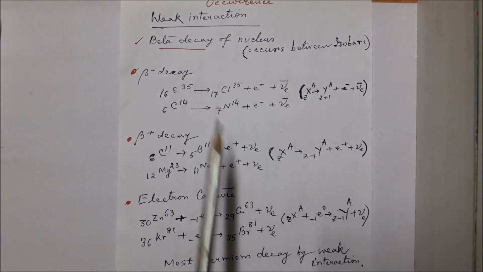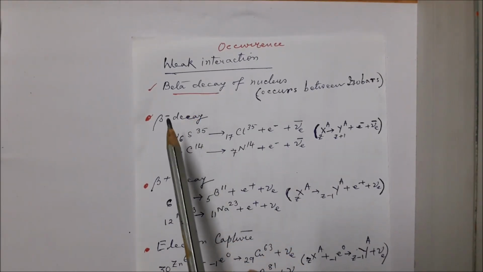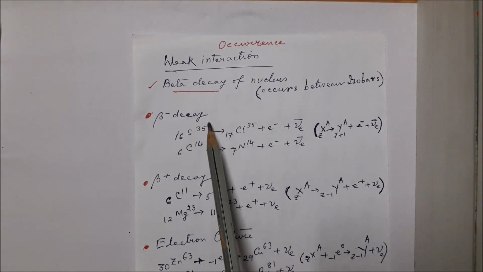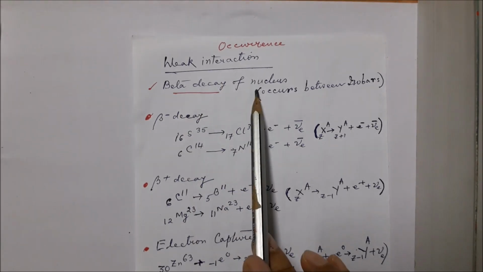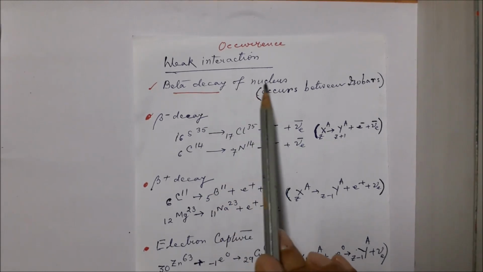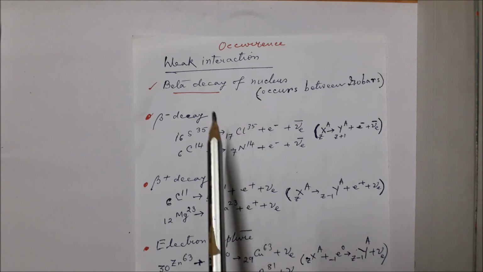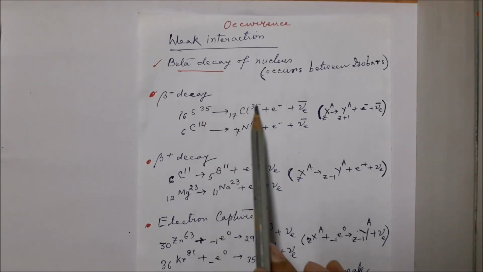Lastly, let us come across to weak interaction. The most common example of weak interaction is beta decay of a nucleus, which we will do in the class of nuclear physics. Beta decay involves a transition between two isobars.